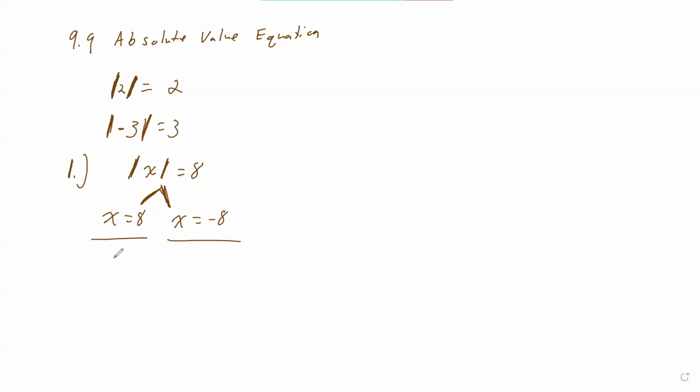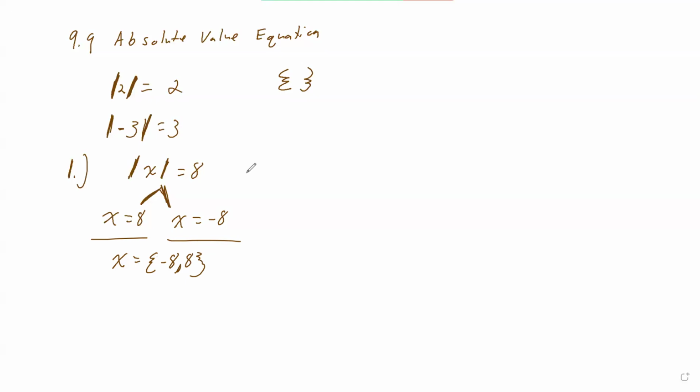They might want you to write it like a set: -8, comma 8. Yes, that's a comma right there. These are, I think, called curly brackets.